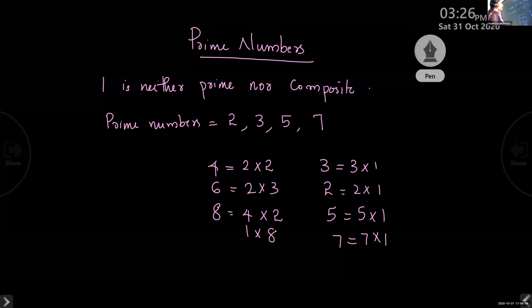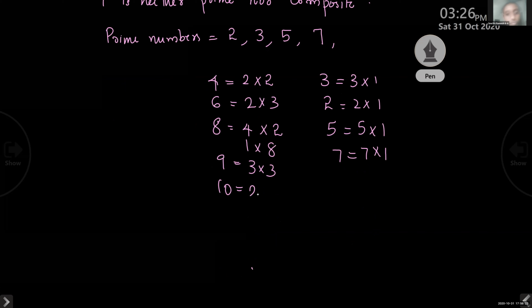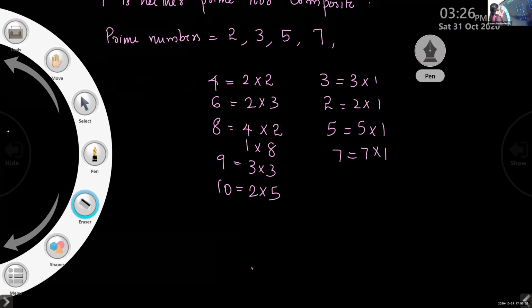These are all factors. Okay, so 8 we cannot write. Next number is 9. 9 is 3 into 3, so it cannot be a prime number. What about 10? 5 into 2. So it is not a prime number.